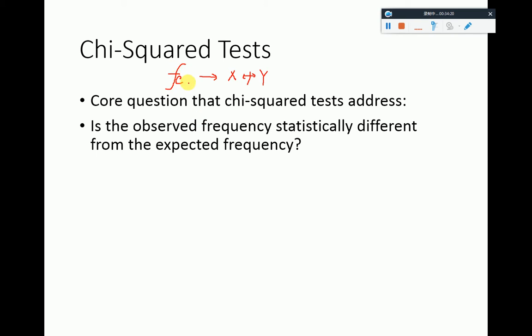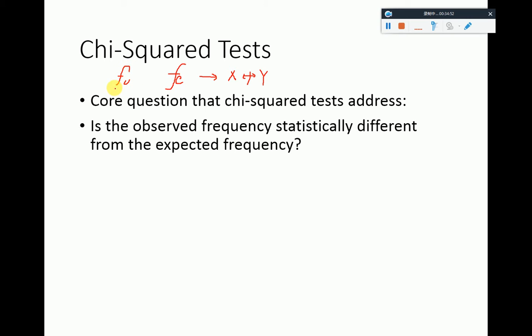So now we have expected frequency and we also have observed frequency. So now we can compare these two values to see if the observed frequency is very similar to or very different from the expected frequency. If the observed frequency is very close to the expected frequency, that means the assumption is correct: X and Y are not related.